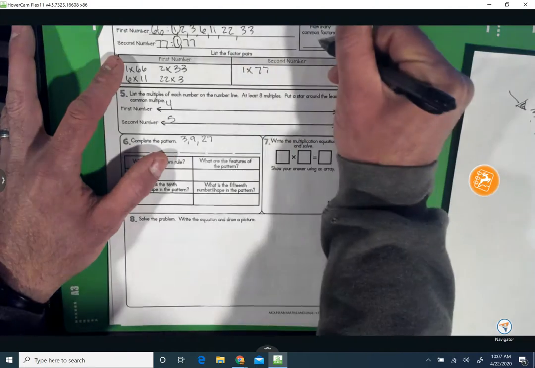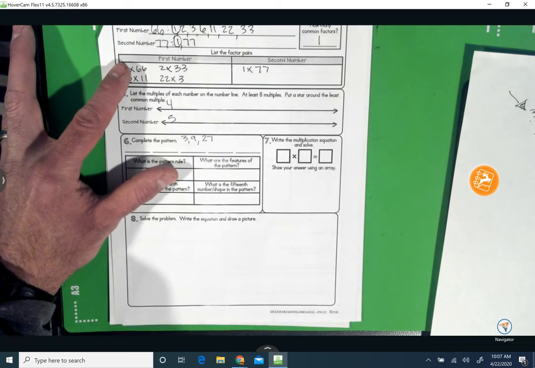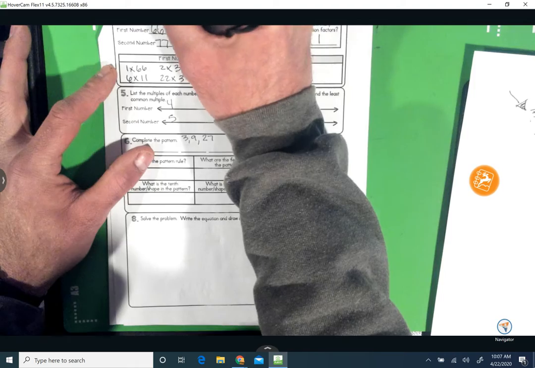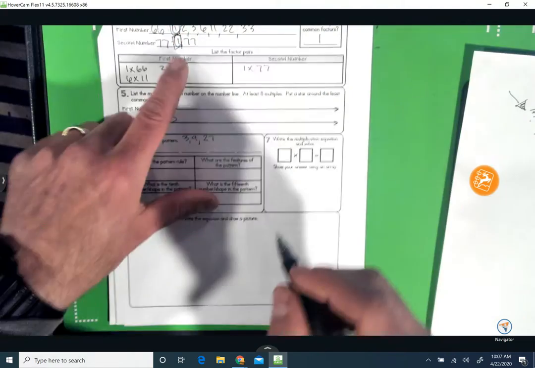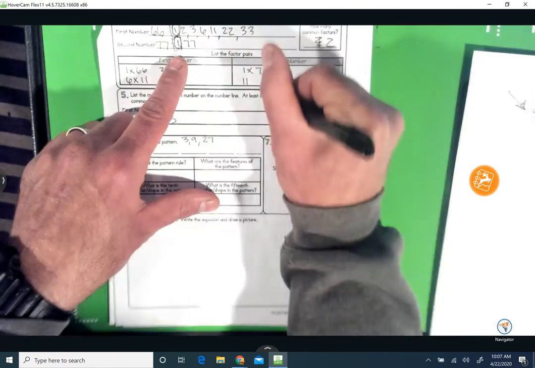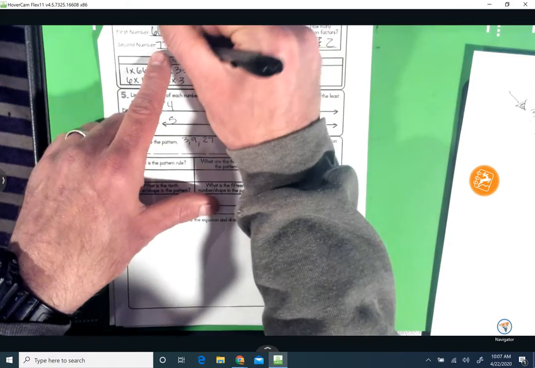Common factors, we have 1, and therefore we can put a box around the 1 because it's the greatest factor that these two numbers have in common. I'm so sorry, that is so wrong. We have more common factors because 11 times 7 also makes 77.